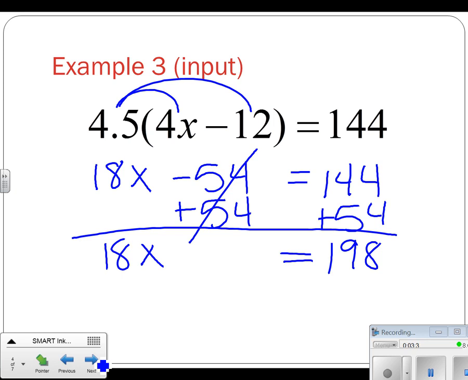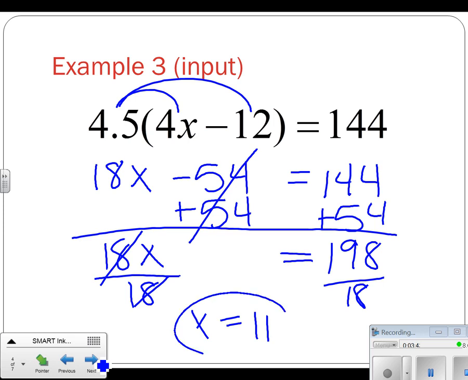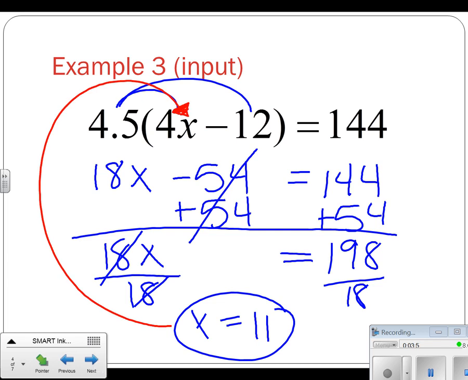And to undo multiplying by 18, divide by 18 on both sides. That simplifies to 1. The x equals 198 divided by 18, which is 11. And once again, check your work, plug in 11 for x, and make sure the statement is true, which it is, so then we know it's the correct answer.